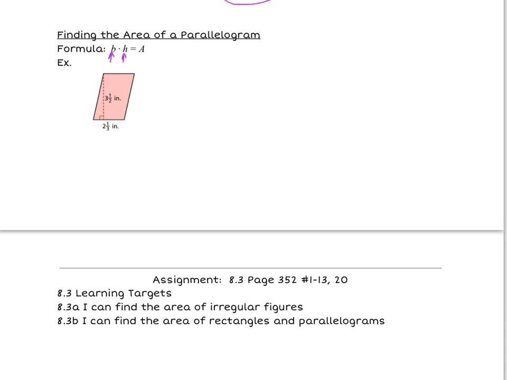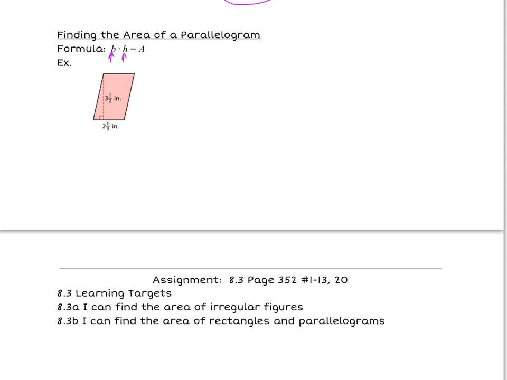The reason they use that here, if you notice, is that my parallelogram has this red dotted line, and that is the height, not the length of this slanted line. You want to go straight from the bottom to the top at a 90-degree angle. So that's why they say height there instead of length and width.